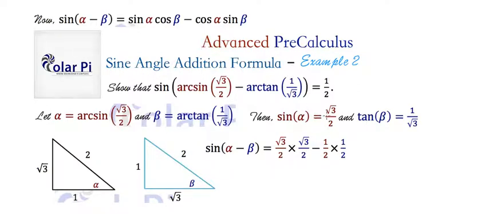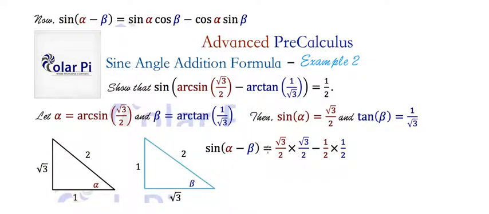So we know from the get-go that sine alpha is root 3 over 2. That's right there. But for cosine beta, which we weren't given, once we figure out all three sides of the triangle involving beta, we can see that cosine of beta is adjacent over hypotenuse. So that's root 3 over 2 right there. And you see the rest of it.